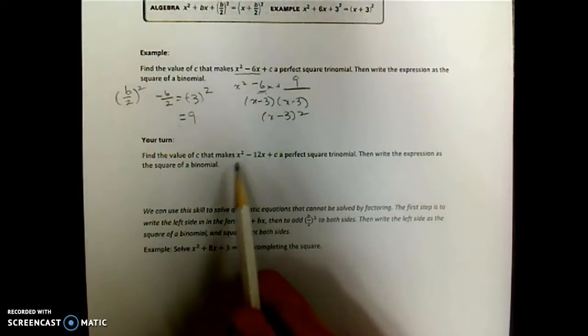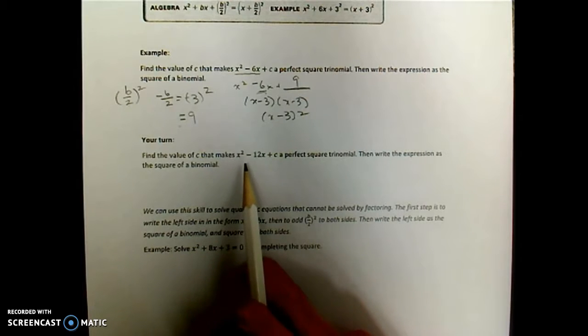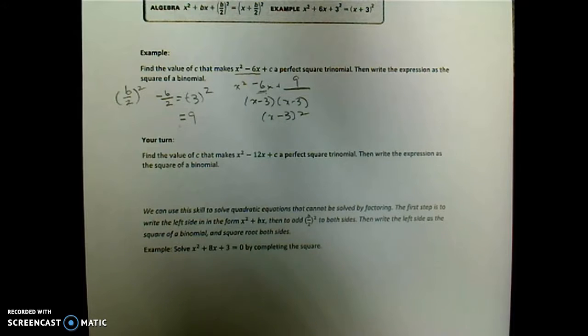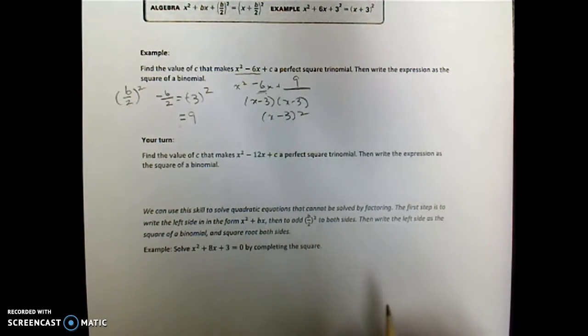Here's another one you can try on your own. What's the value of c that makes x squared minus 12x plus c a perfect square trinomial? Once you come up with that, go ahead and write the expression as the square of a binomial. If you'd like to stop the video now and give that a try, do that.